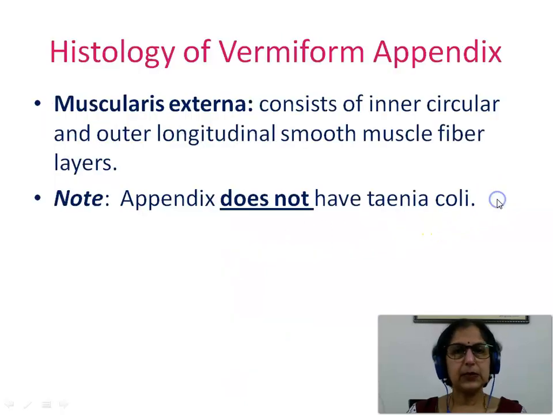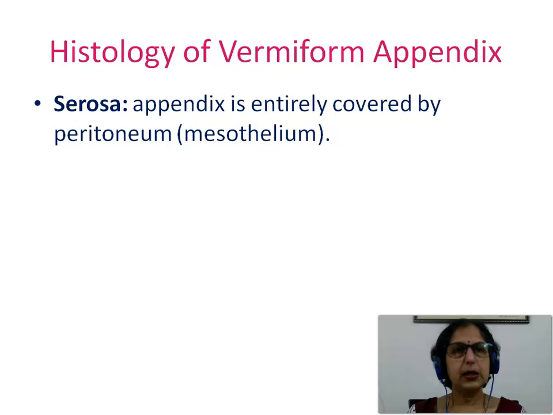Next, we see the muscularis externa. This consists of a thick layer of inner circular and outer longitudinally arranged smooth muscle fibers. Again here we need to note that appendix does not have taenia coli. And finally we see the serosa.